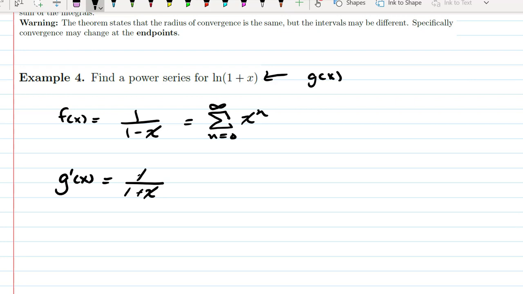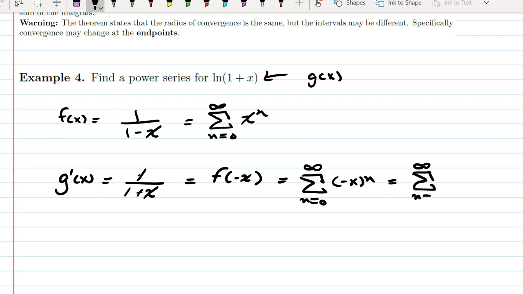Well, that is equal to f evaluated at negative x, because we replaced our x with negative x. So this would be the summation as n goes from 0 to infinity of negative x to the n, which would be the sum as n goes from 0 to infinity of negative 1 to the n, x to the n.